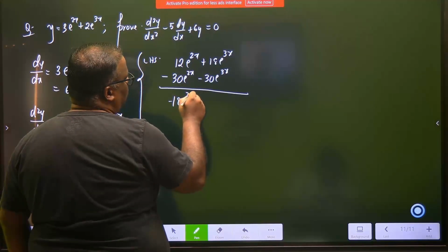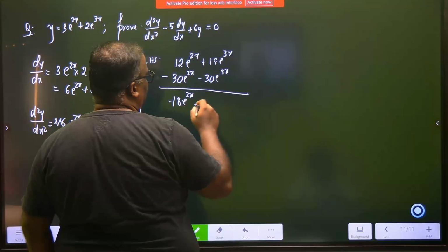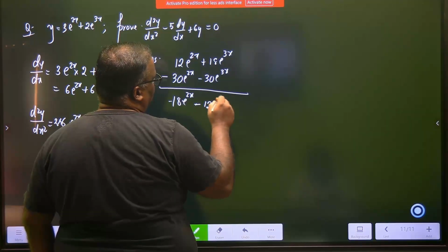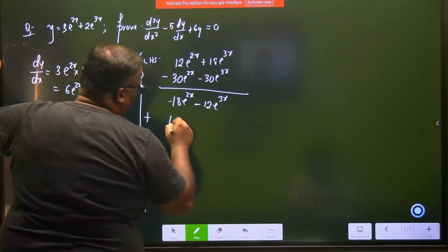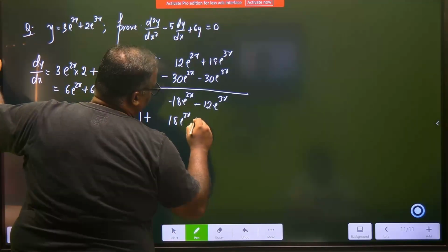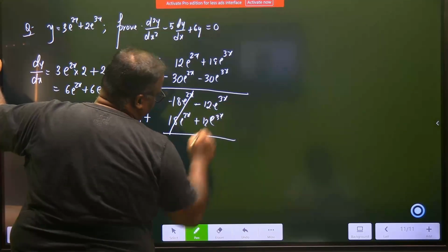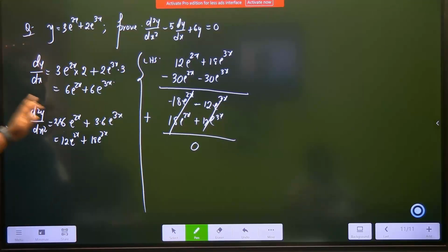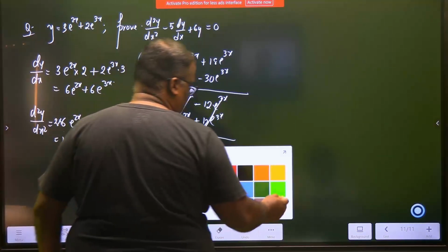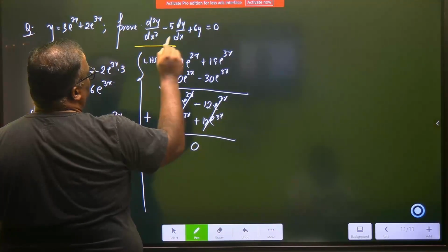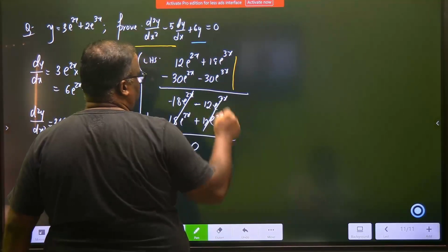Negative 18 e to the power 2x, and here we will get negative 12 e to the power 3x. With this we have to add 6 times of y, that is 18 e to the power 2x plus 12 e to the power 3x, and this cancels each other, we get a 0. Did you understand this step?